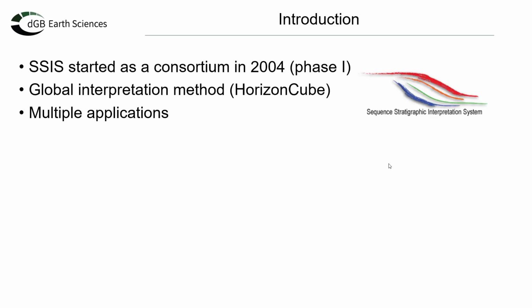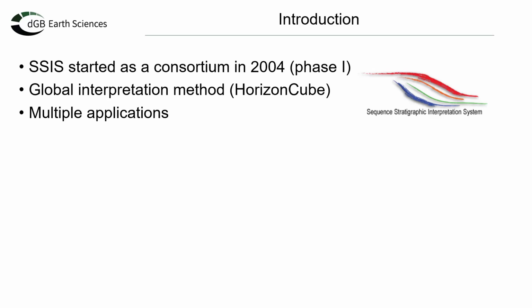The idea here is that with the HorizonCube we can pick phase-consistent horizons, a dense set of semi-automated horizons in the data, and with these slight subtle thickness changes and so forth, we can see shifts in the stacking patterns and shifts in the deposition of sediments that would be otherwise hard to detect just with the naked eye.